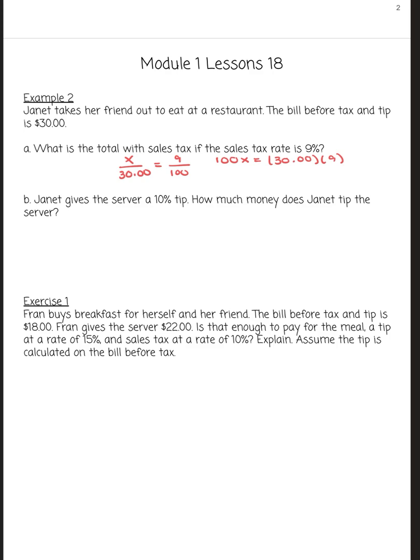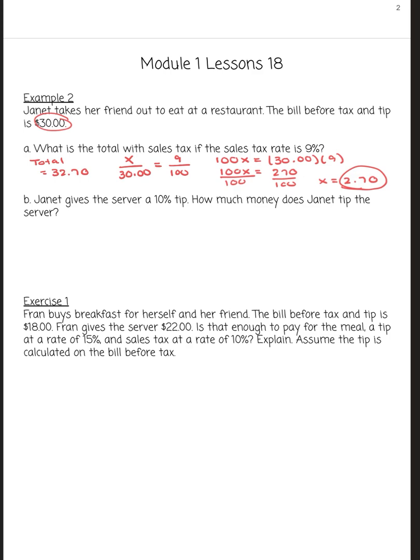We get that 100x is equal to 270. Divide both sides by 100, and we get x is equal to $2.70. So we can say that the total, which is your $30 plus your $2.70, would give you $32.70.